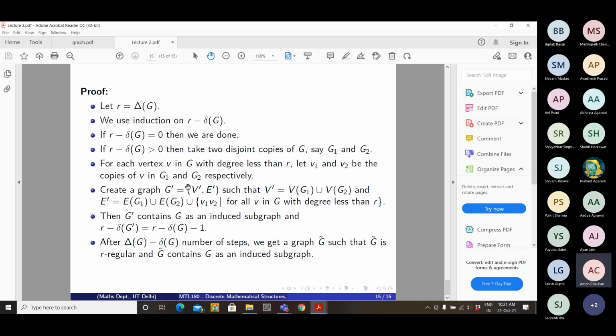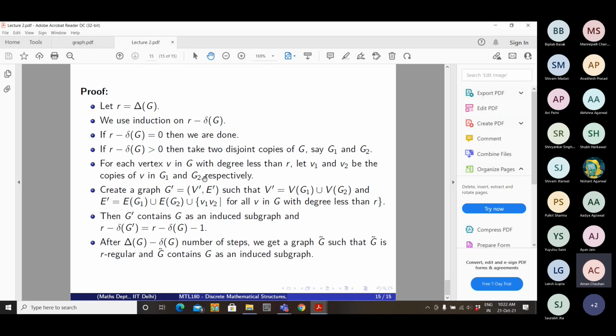Once again, we take two copies of the graph G, G1 and G2, and for each vertex which has degree strictly less than Δ, we take two copies of that vertex as v1 and v2 in G1 and G2 respectively. So v1 and v2 are actually the copies of the vertex v in G1 and G2.